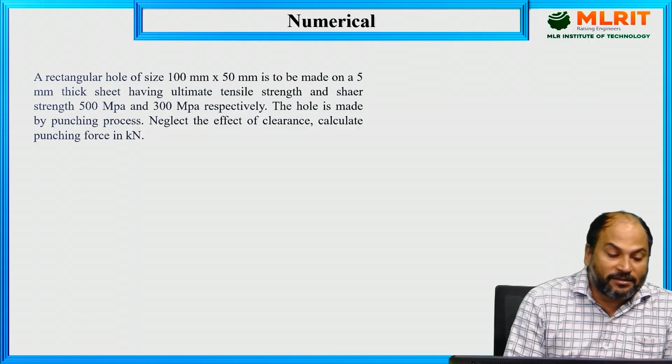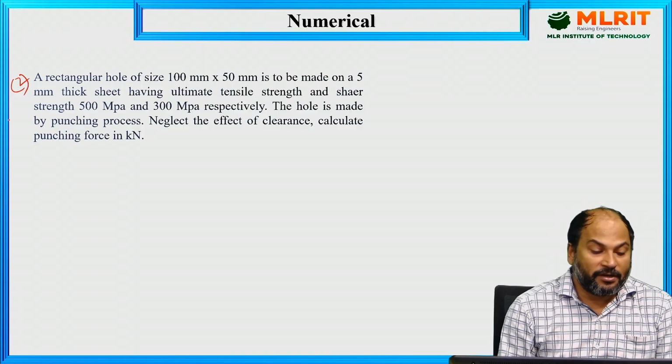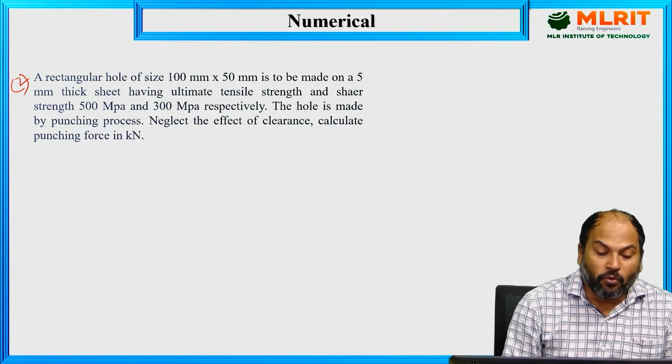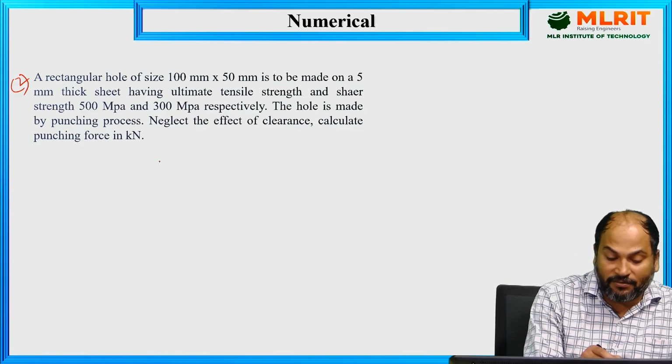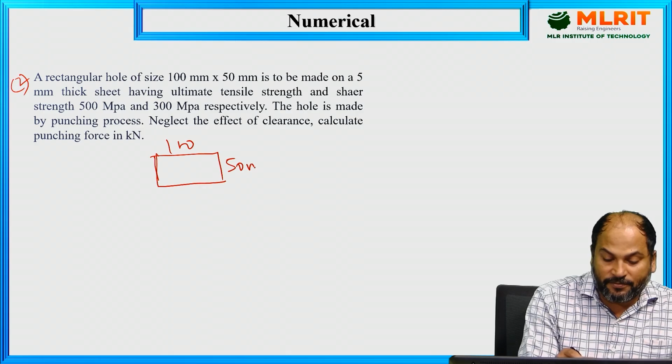And this next numerical is the second one. A rectangular hole of size 100 mm by 50 mm. This is a rectangular shape. Suppose this is the rectangle. This is 100 and this is 50.